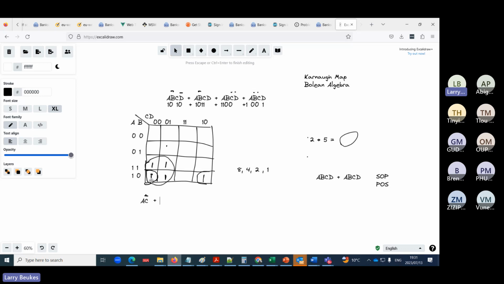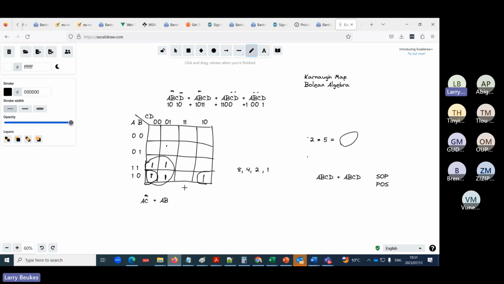So A is 1. It means A will always be 1 because it's only in this row. So A does not change states. It will be A. B, it's a not B. It doesn't change states as well, right?